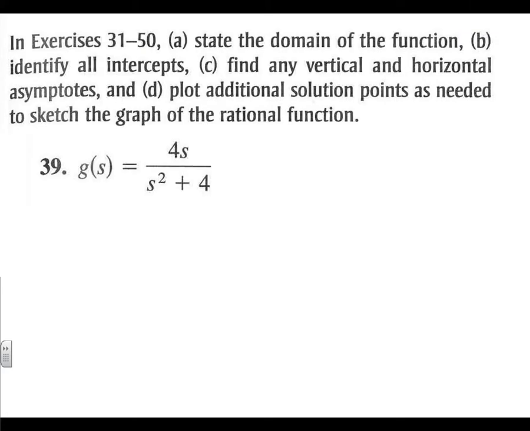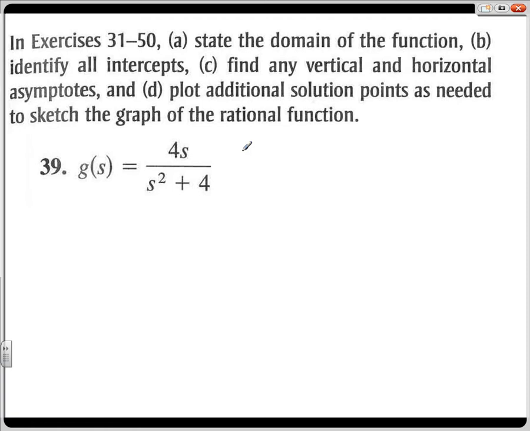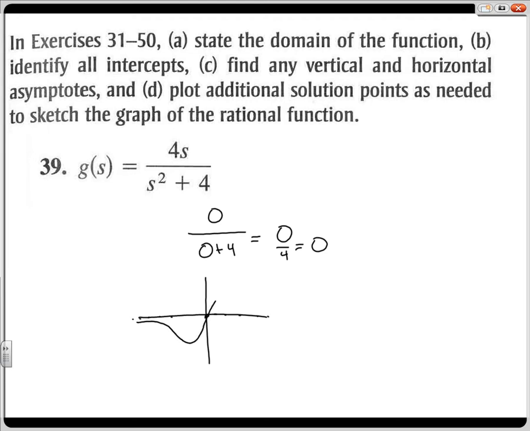Let's see if it'll work now. If we plug in 0 for s, we'd have 0 over 0 plus 4, which is 0 over 4, which is defined at just 0. So it will cross here at 0.